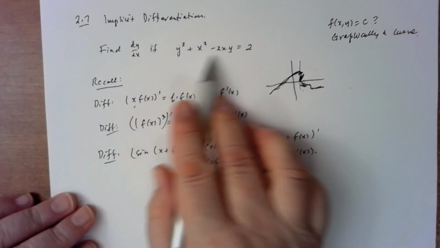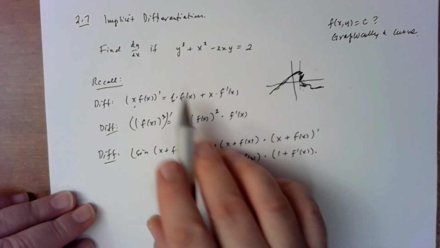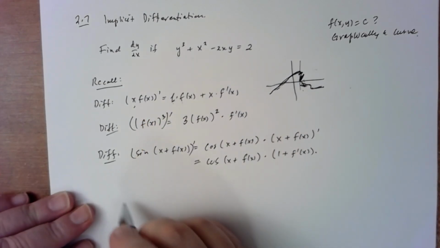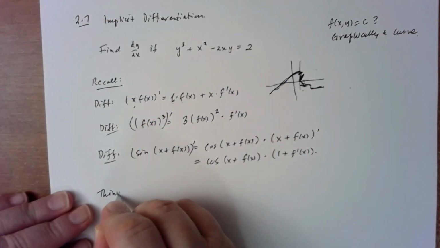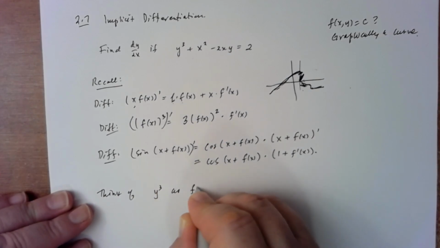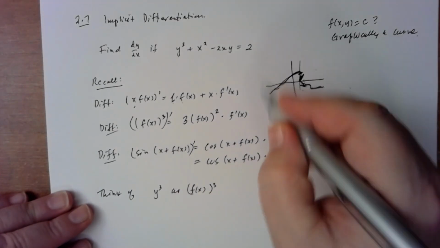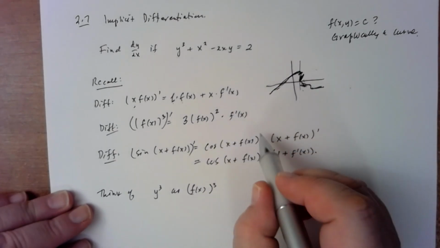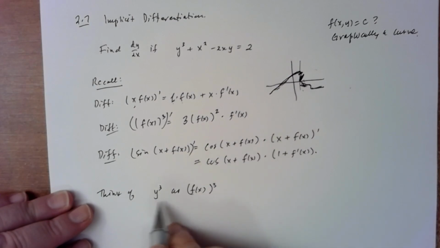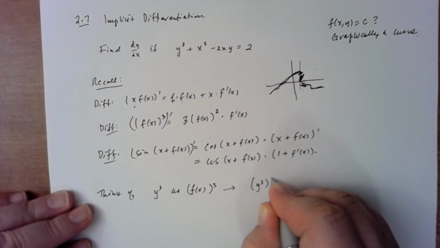So that's what we're going to do up here. We're just going to treat the y as an f of x. You could think of y cubed as f of x cubed. So what would the derivative of y cubed be?